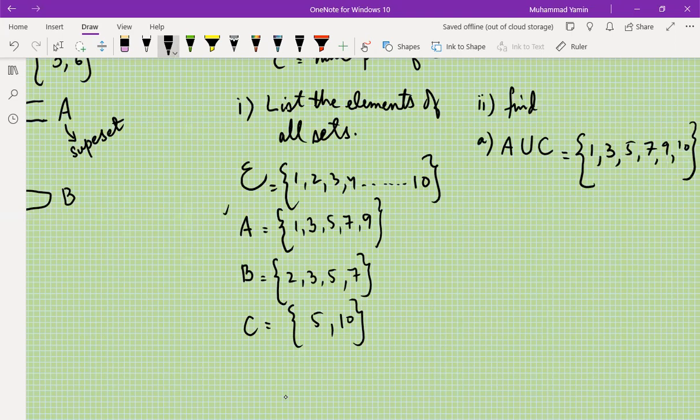See, I've combined all the elements here. 1, 3, 5, 7, 9 was already there in A, and 5 and 10 was there. The 5 is common in both. So I've written 5 once and taken that 10 from C and added here in this set. So now it becomes a complete and combined set of A and C together. 1, 3, 5, 7, 9, and 10.